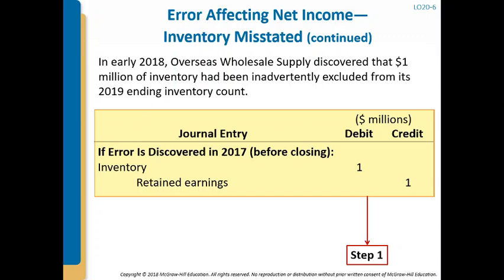And all they're trying to do is point out here, if the error is discovered in 2017 before closing the 2016 books, they would just simply make the correction.